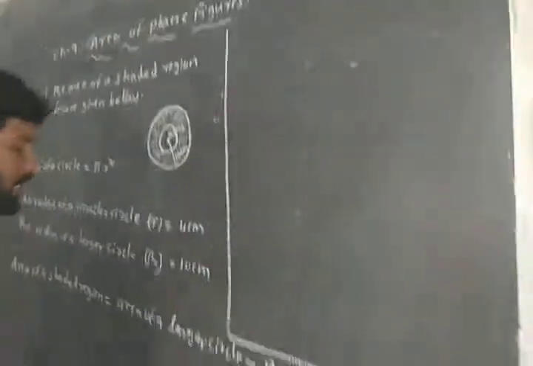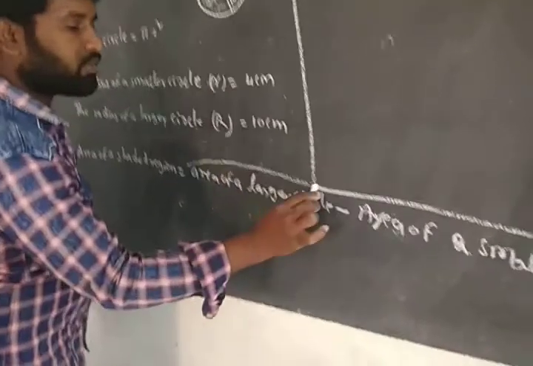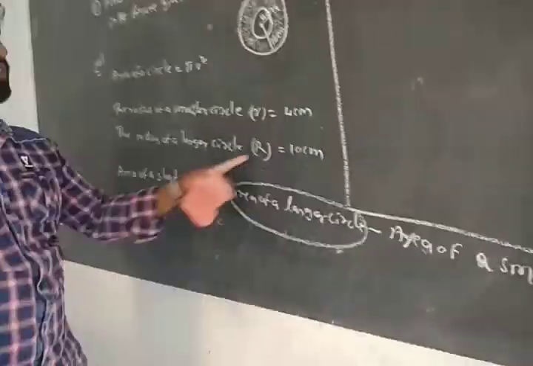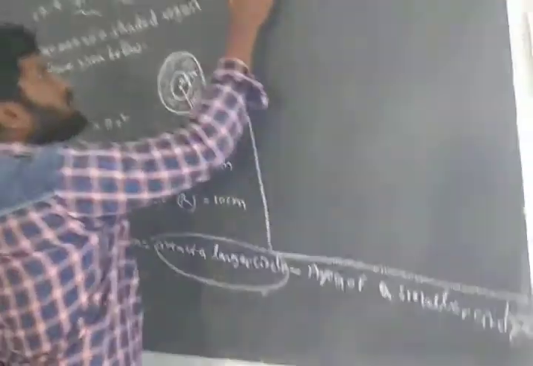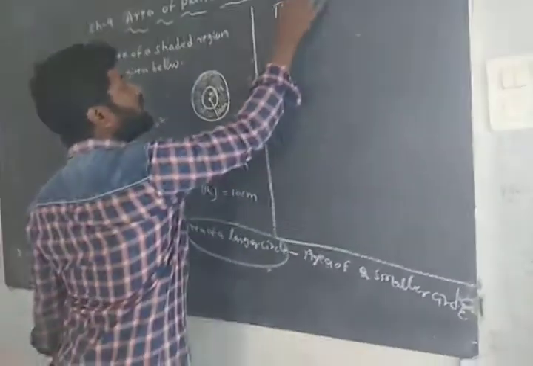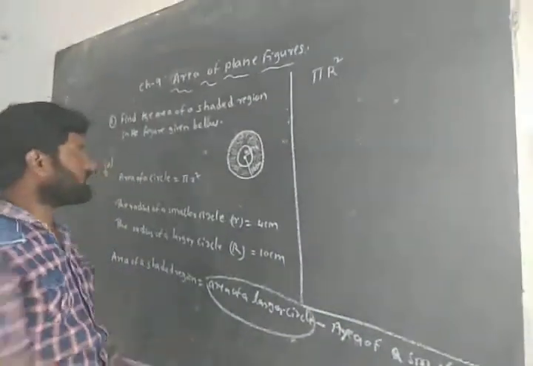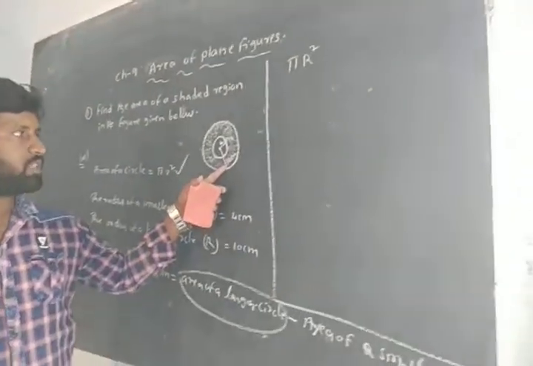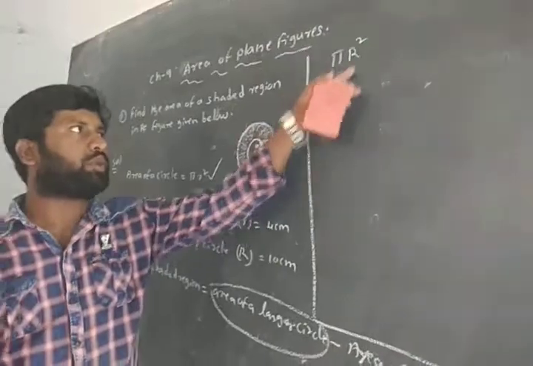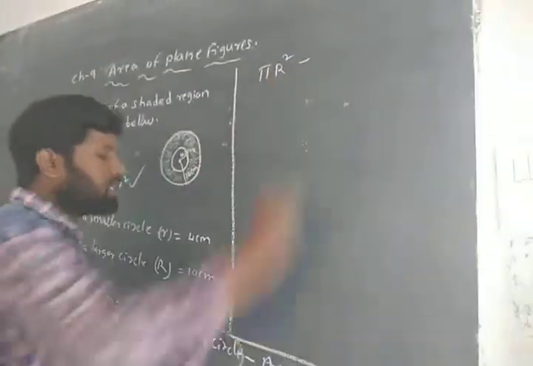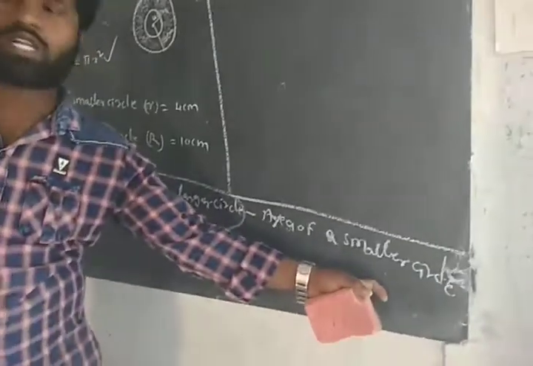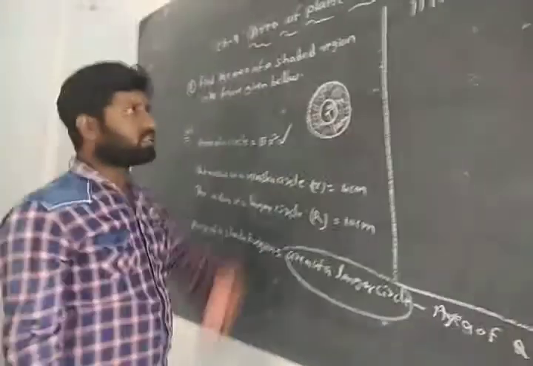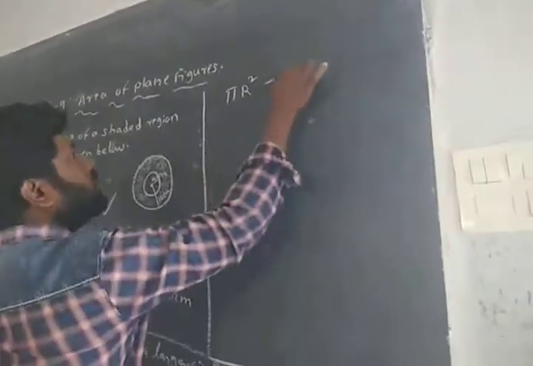Area of the larger circle, with radius capital R, is pi R square. Area of the smaller circle, with radius small r, is pi r square.